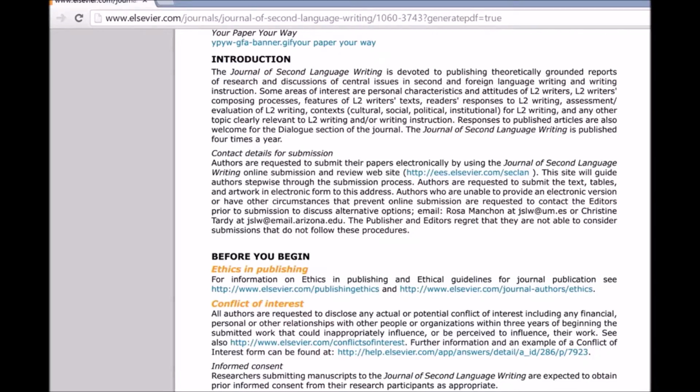It tells you how often it's published. And again, it does not necessarily tell you the specifics of the kinds of articles. That, again, you have to get from reading the journal.